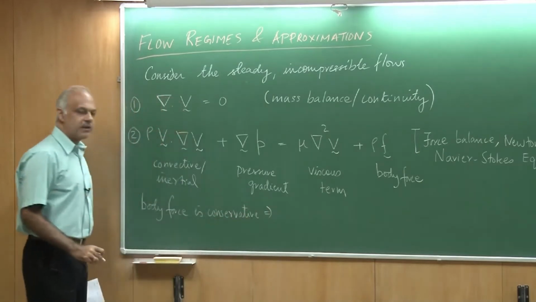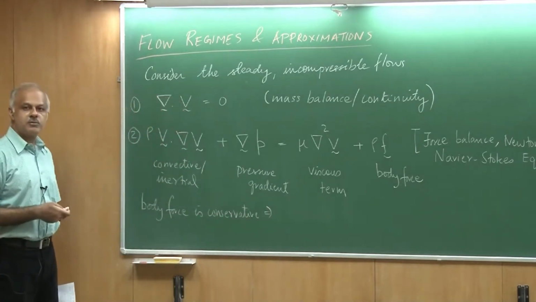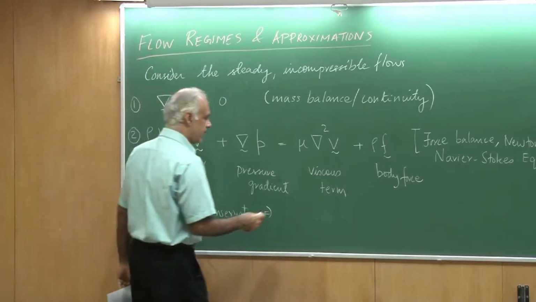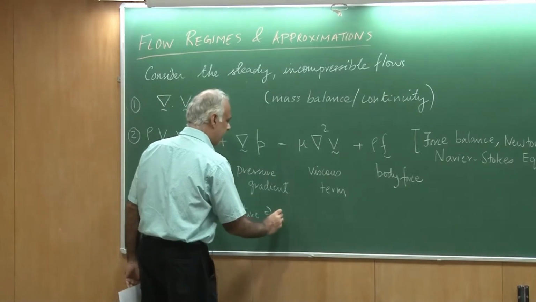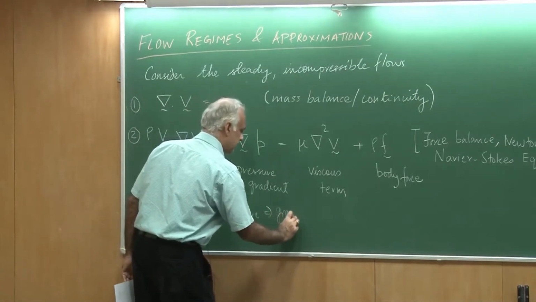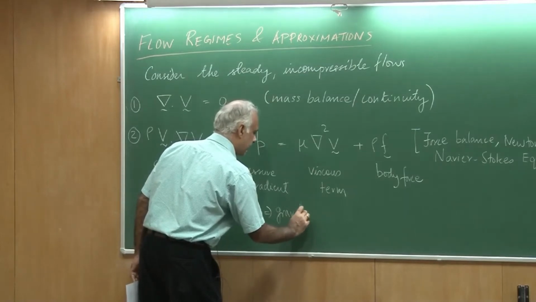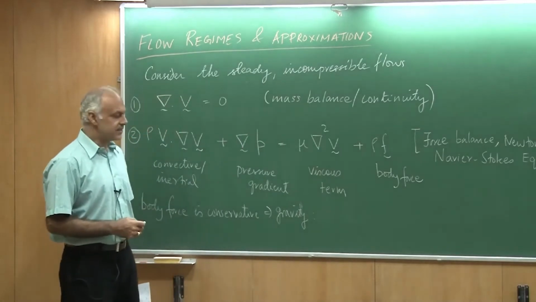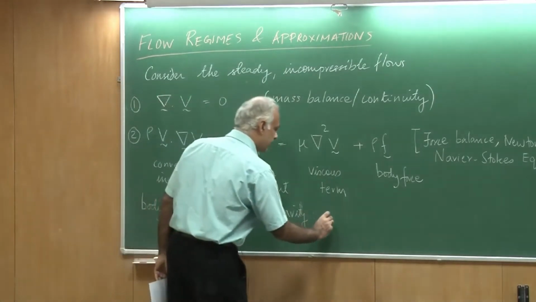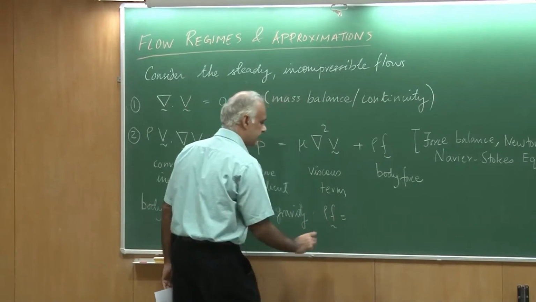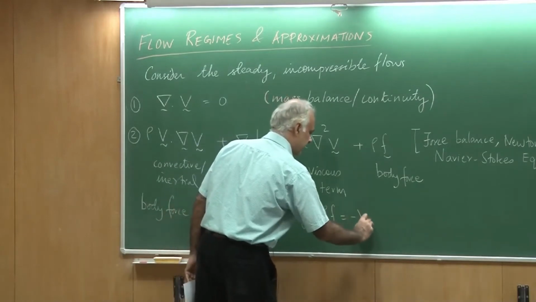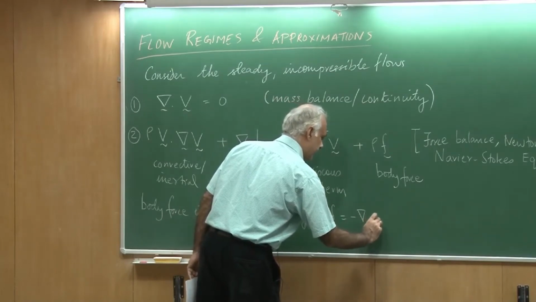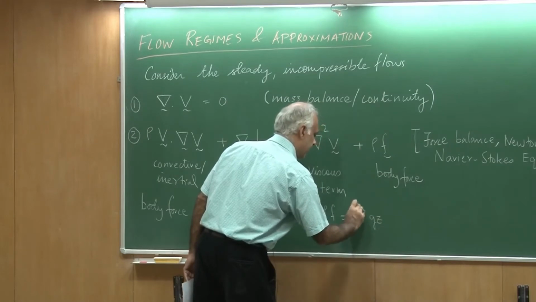What this mathematically implies is that I should be able to represent the body force as the gradient of a certain quantity. So, in this case, if I look at gravity as the body force, then if the gravity acts in the minus z direction, I should be able to write rho F as minus gradient of rho g z.